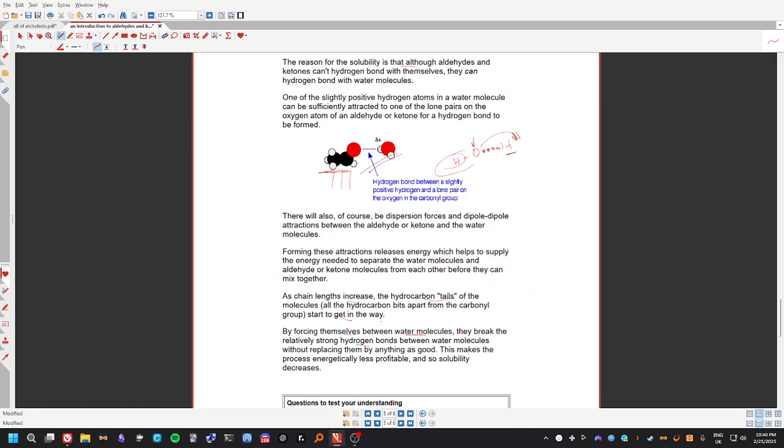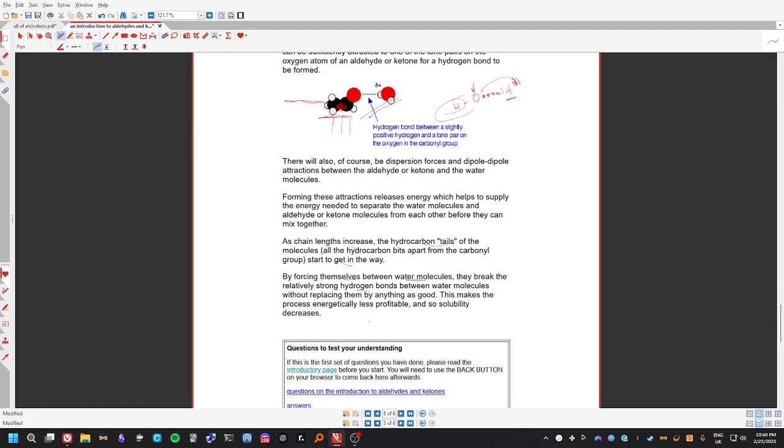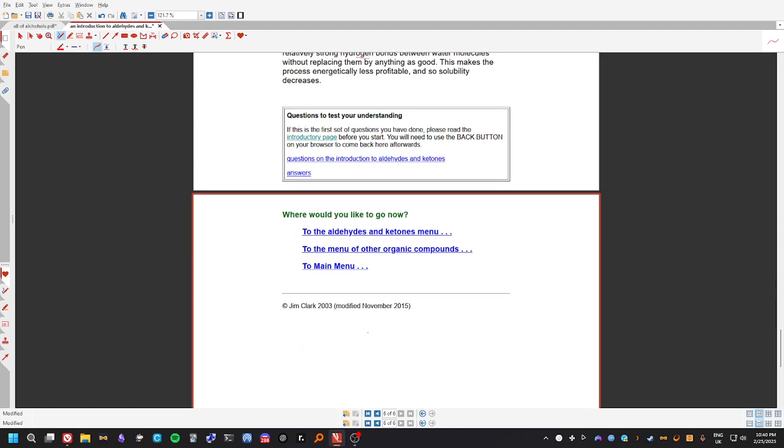You're breaking bonds, which requires energy, and you're not forming them again, because the bonds you're making, these London forces, might be forming, but it's just not as much as hydrogen bonds provide, so it's less energetically profitable, so solubility will decrease.